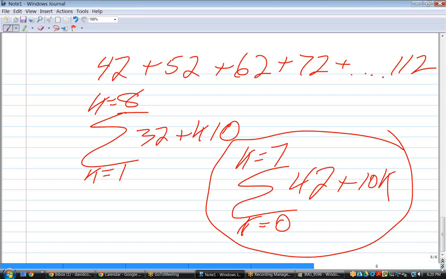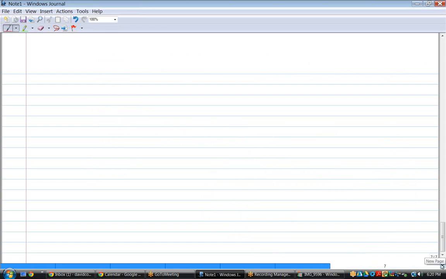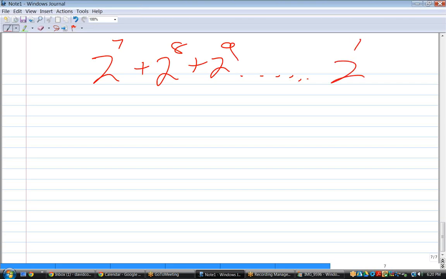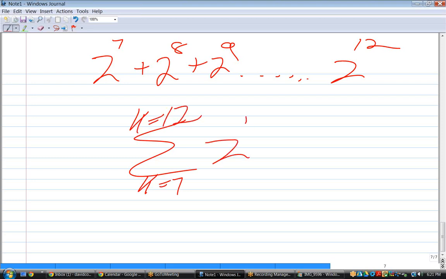What else you got? The next one that's different is 2 to the 7th plus 2 to the 8th plus 2 to the 9th plus 2 to the 10th plus 2 to the 11th plus 2 to the 12th. I could have sigma k equals 7 to 12 of 2 to the k.